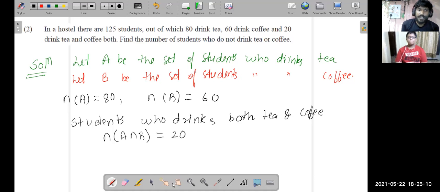Okay, but what is asked? Find the number of students who do not drink tea or coffee. Okay. One more thing is given. What is this?